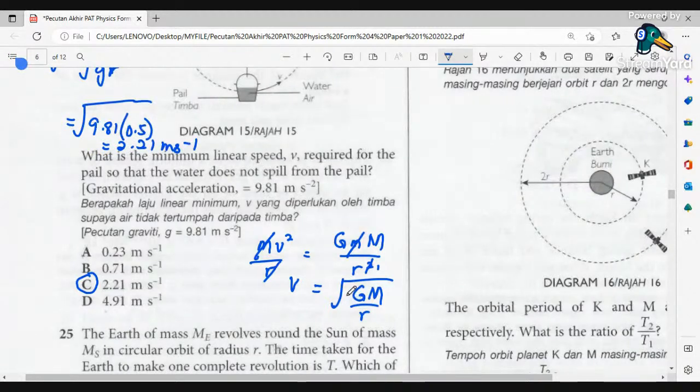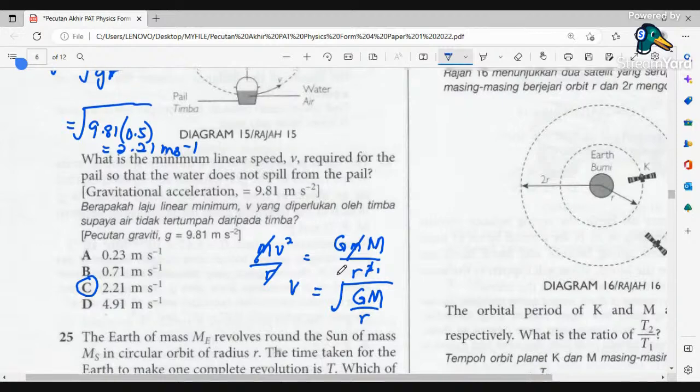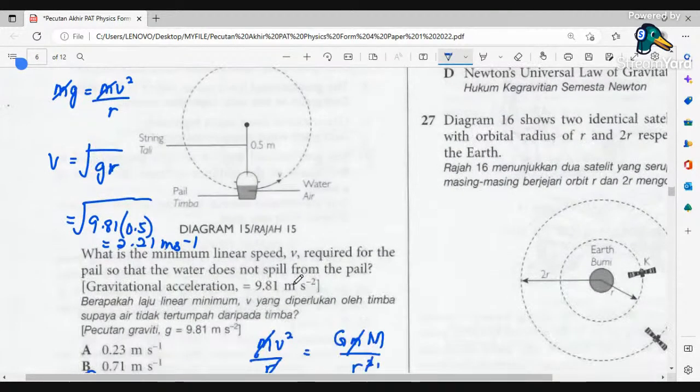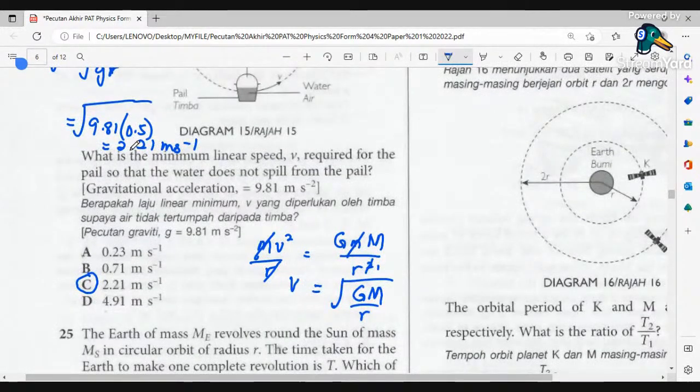So for the topic of gravity, you must be familiar with the formulas. If you want to calculate using square root of GM divided by r, that also works, but then you need to substitute the values of G and M, the mass of the Earth. This one I use square root of gr because g is given as 9.81, multiplied by radius 0.5, so I get 2.21.